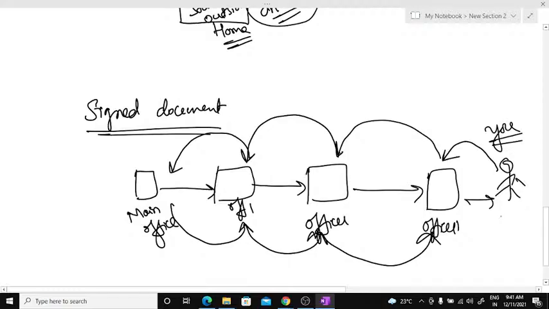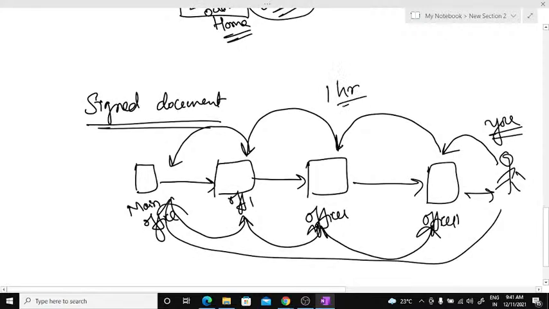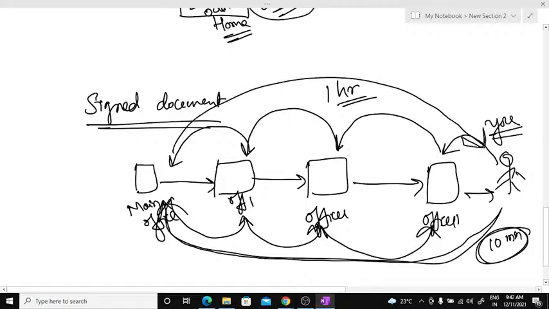If you can approach the main officer directly, it would take 10 minutes instead of suppose 1 hour to complete the procedure. This is also a way, but here it takes more time.